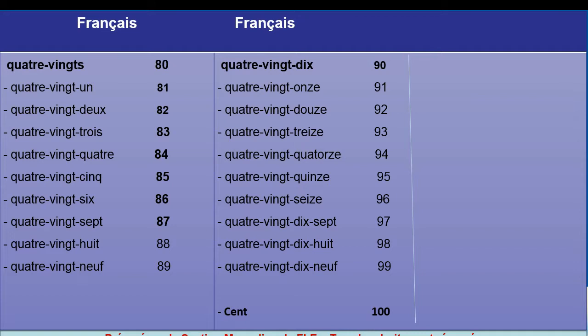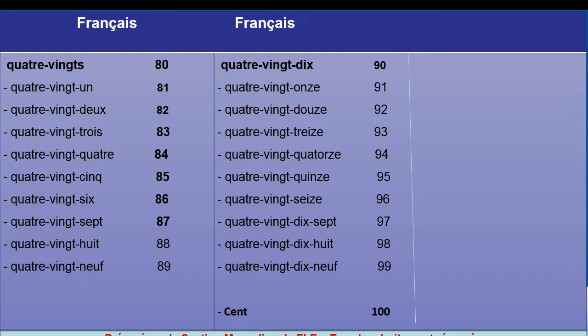So I say 91 using 11, 12, 13, 14, 15, 16, 17, 18, 19, like I did before with 60 and 70: 61, 71, 62, 72, 63 and 73. The same idea with 80 and 90.